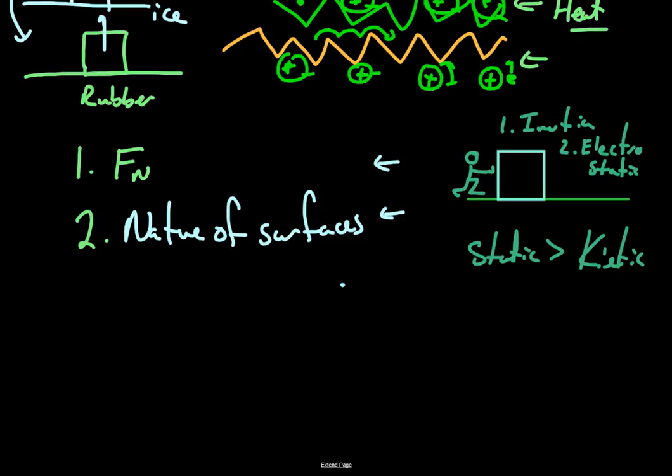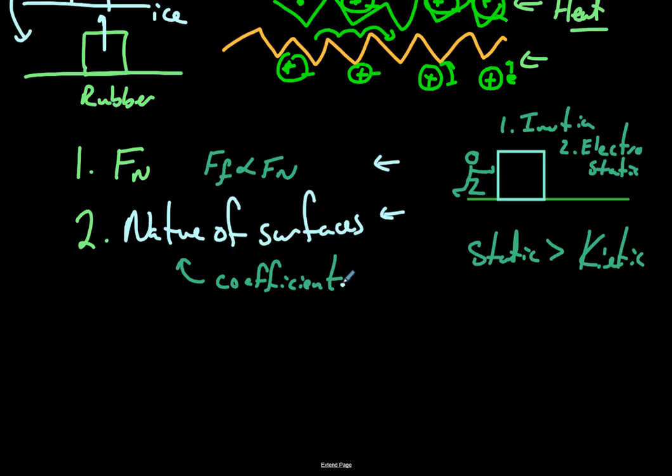All right, so with the normal force, we basically said that the amount of friction you're going to have is proportional to that. And then the nature of the surface is important. So what you end up having is this coefficient of friction, which is unique to each surface, or each two objects that you're going to slide across one another.